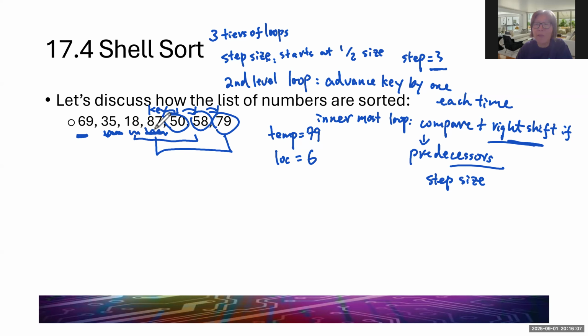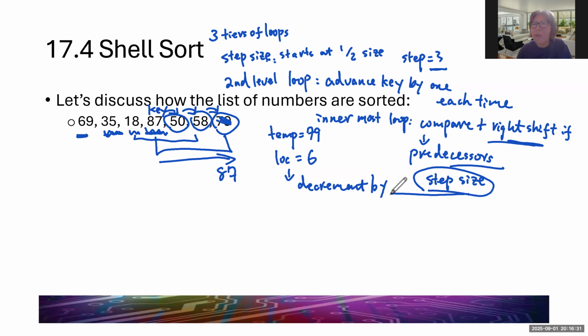And it is less than this, so then we do need to right shift the step size. Okay, so 87 moves to 79's place. Okay, and then location is decremented by the step size. So location is updated to 3.